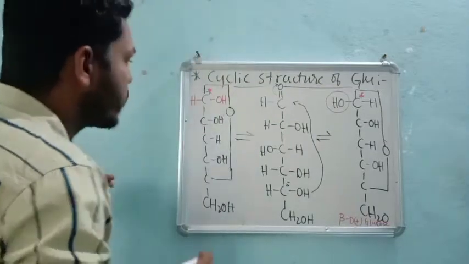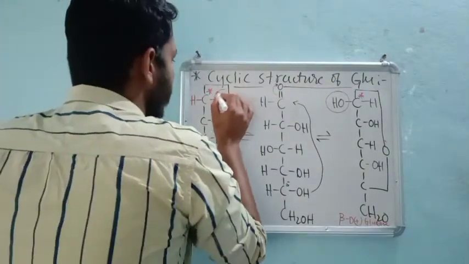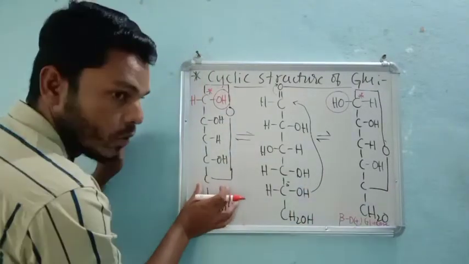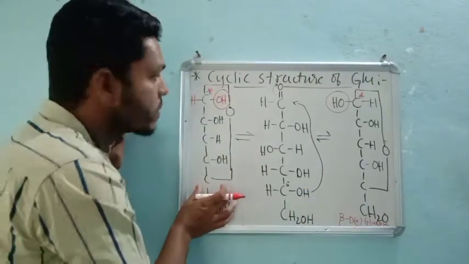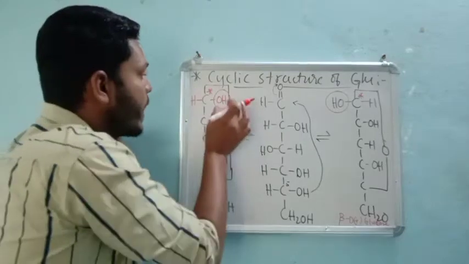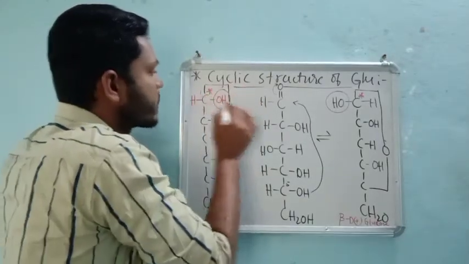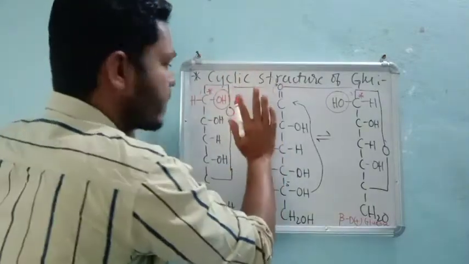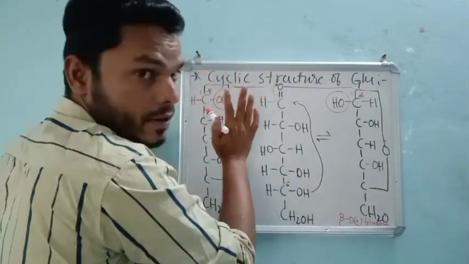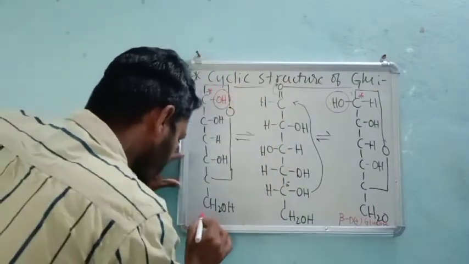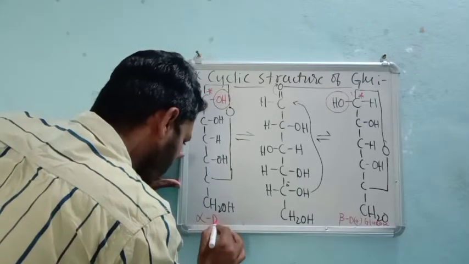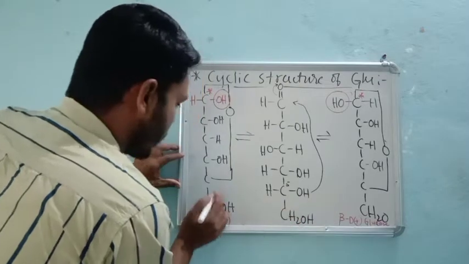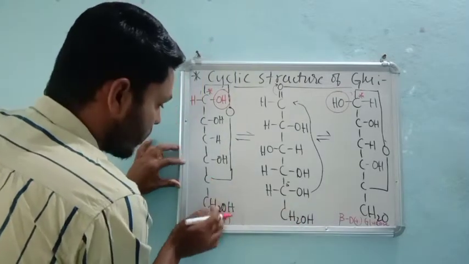Now coming to this part, in this hemiacetal structure of glucose, we have the OH on the first carbon at the right hand side, so this is called alpha D plus glucose. Why? Because it is dextrorotatory with respect to this carbon atom.